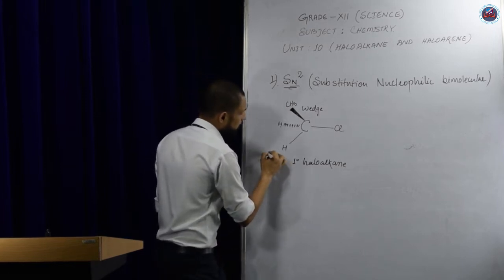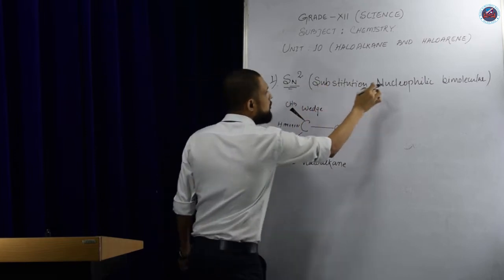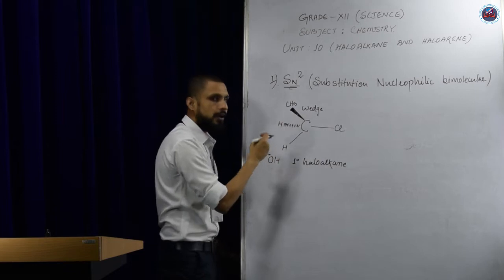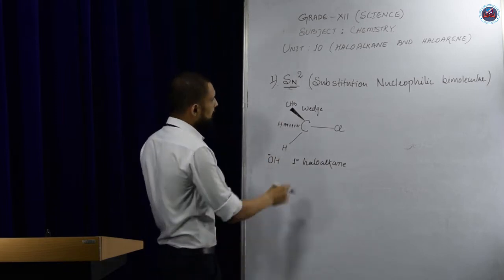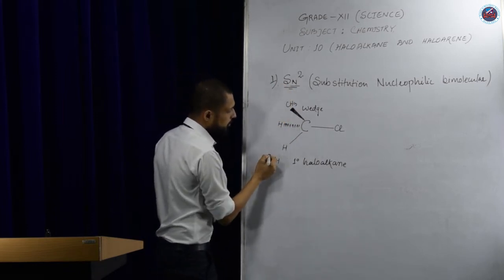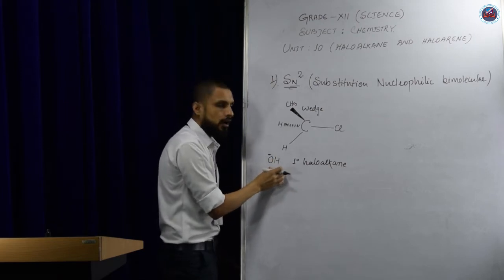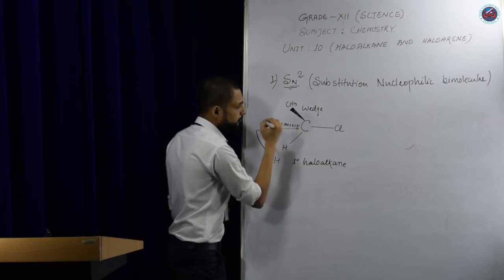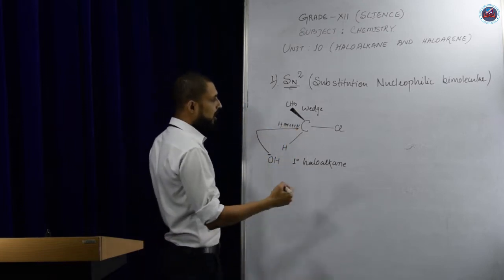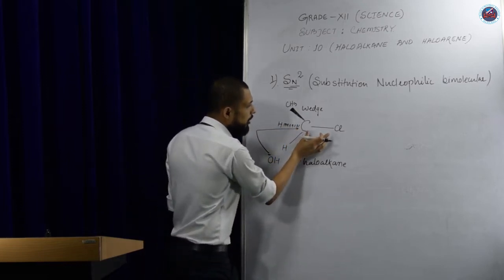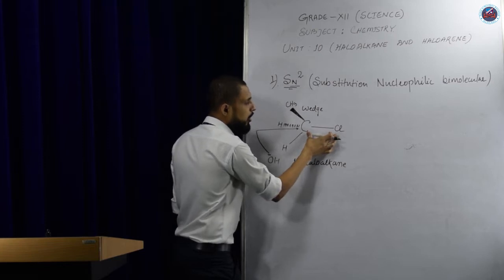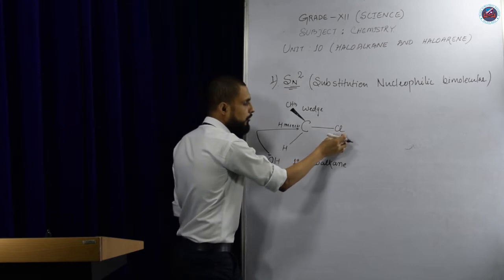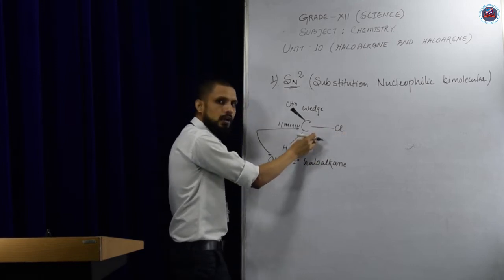Since it is a nucleophilic substitution reaction, one nucleophile is replaced by another nucleophile. So in Sn2 mechanism, the incoming nucleophile will attack the partially positive carbon. Now, why partially positive? Because in the C-Cl bond, Cl is more electronegative than C. That means chlorine is more electronegative than carbon.